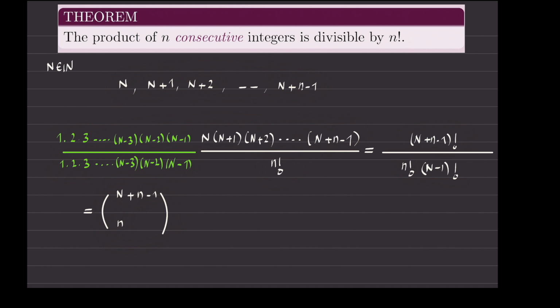So this means that this expression that I had is equal to this expression, and this is a natural number. Of course, here I have assumed that my n is a natural number, but it doesn't matter. If you assume that n is an integer, it might be that n is negative. Okay, so what happens? Then it means that in this product, either all of the numbers will be negative, or some of them will be negative and some of them will be positive.